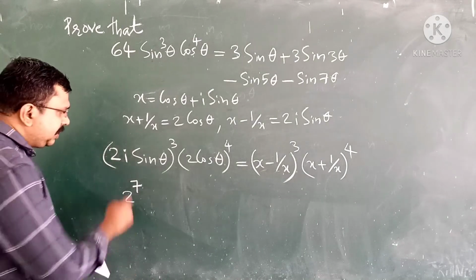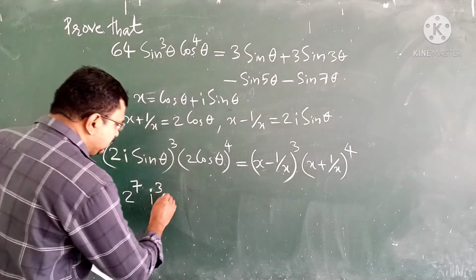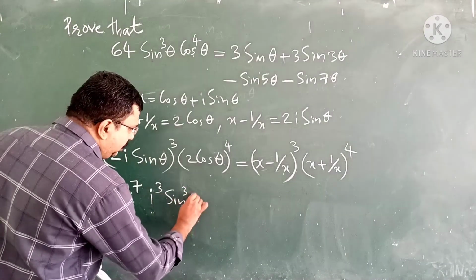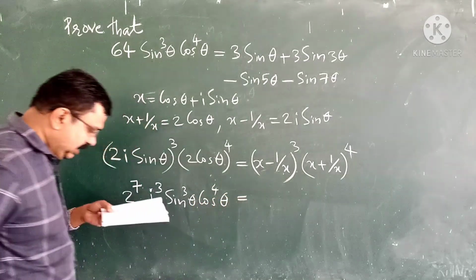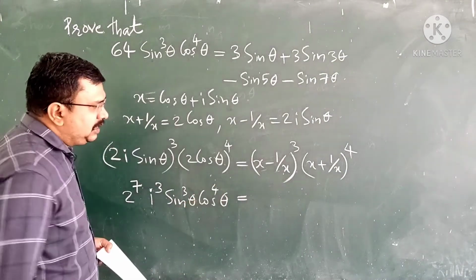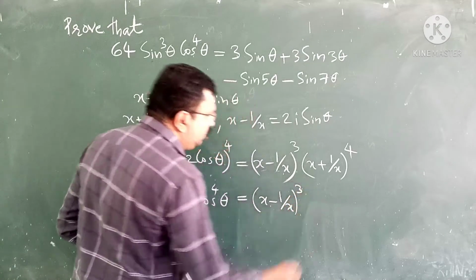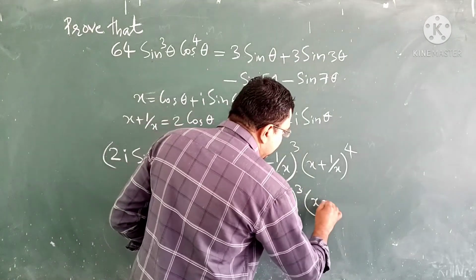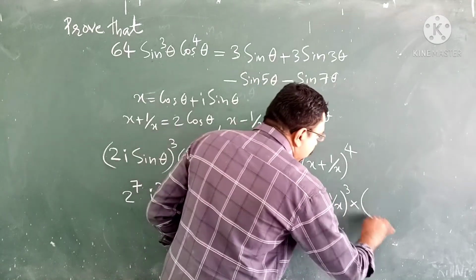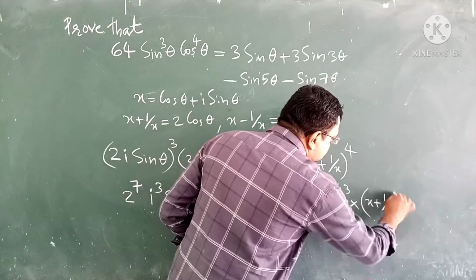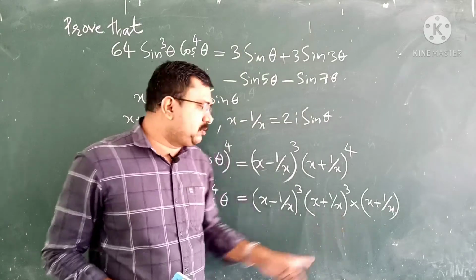Next, i cube. Then the remaining result is sin cube theta cos raised to 4 theta, which is equal to x minus 1 by x the whole cube into x plus 1 by x the whole cube into x plus 1 by x. Here this is of the form a minus b into a plus b.